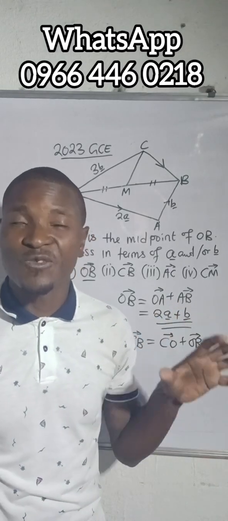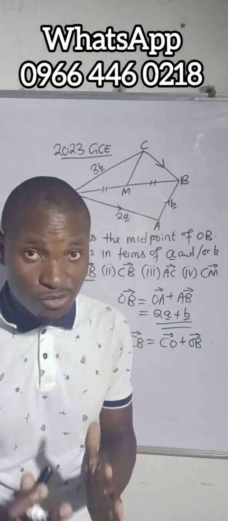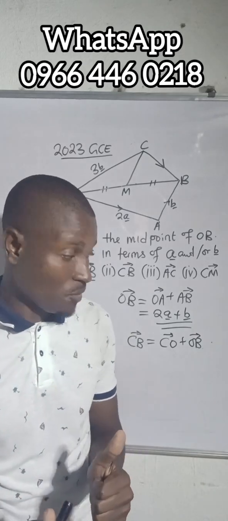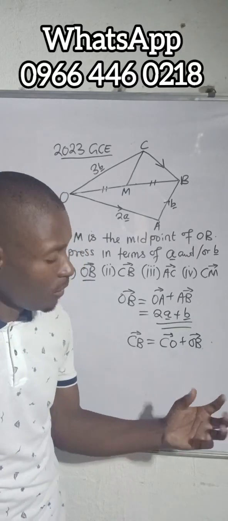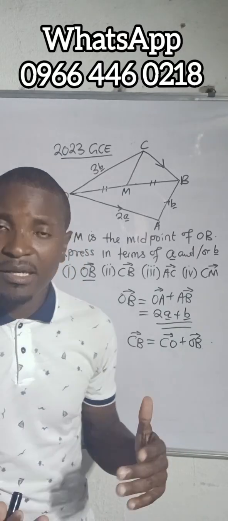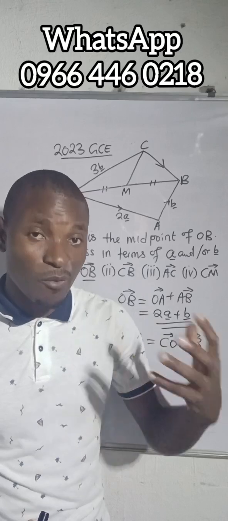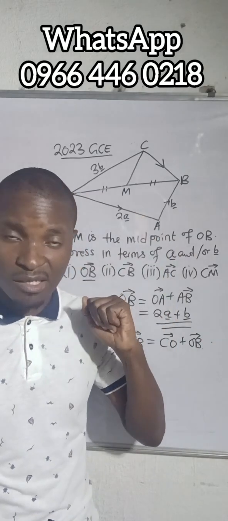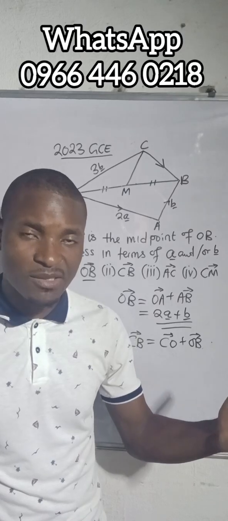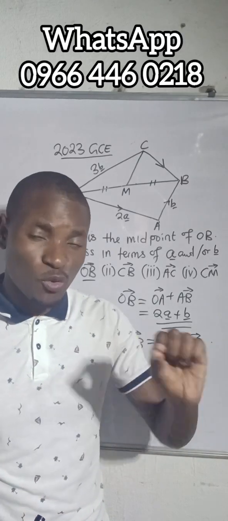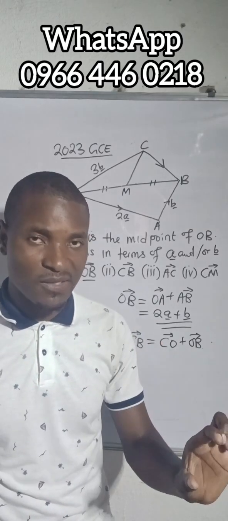So the direction is very much important, because if you don't do that, you're going to get confused, okay? Now, before you simplify, make sure that you check: have I gone against the direction which I've been given in the diagram or not? If you have gone against the direction, that means you have to reverse that one and assign a negative.